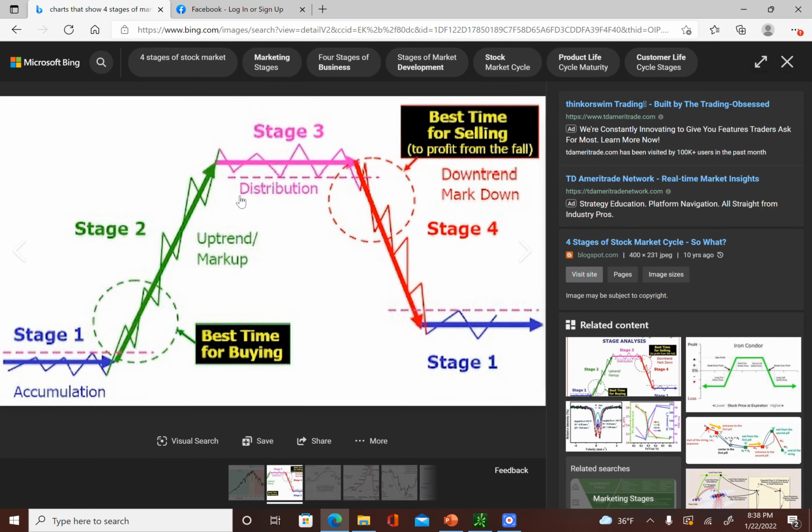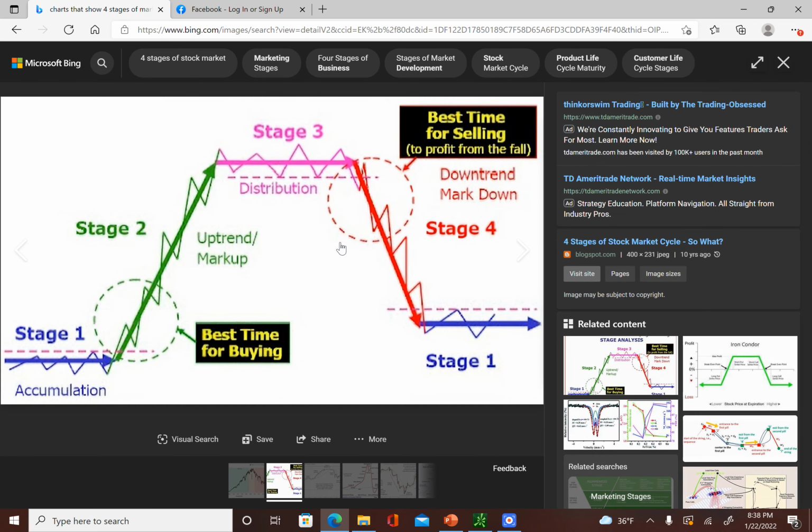This is the most simplistic, basic example I saw, just a Google search of the 4 stages of the stock market cycle. Stage 1, you have accumulation, which is a consolidation phase where you have mostly sideways trading.